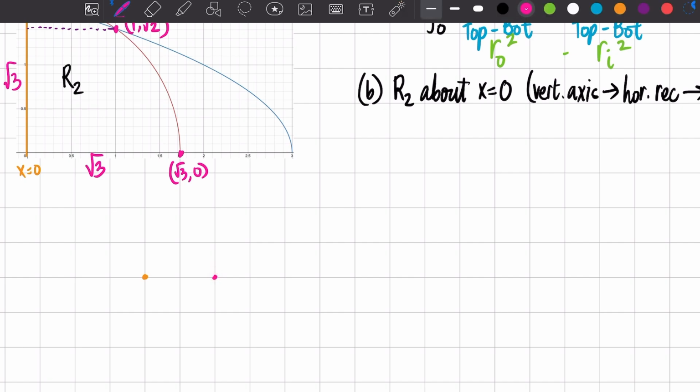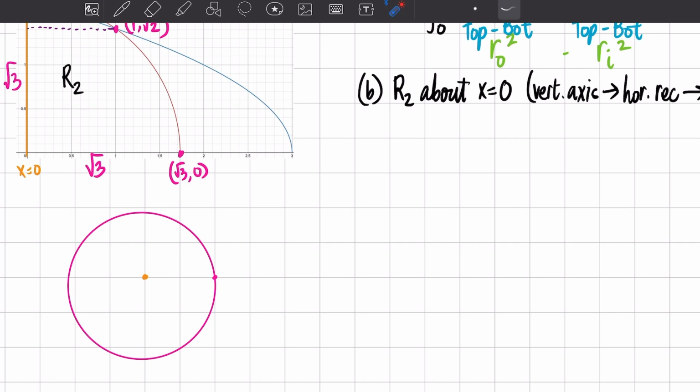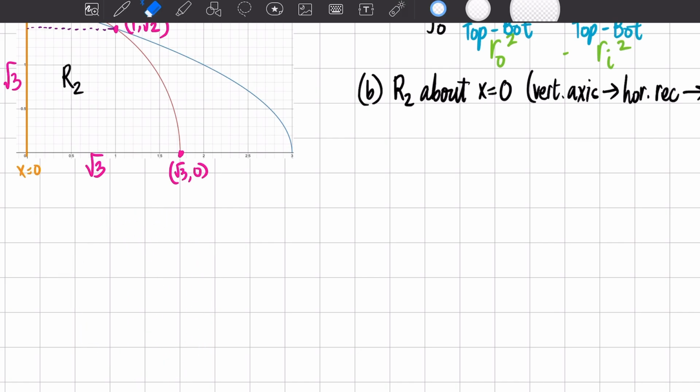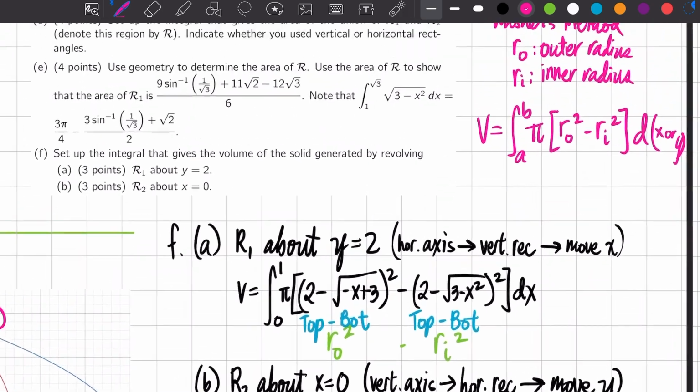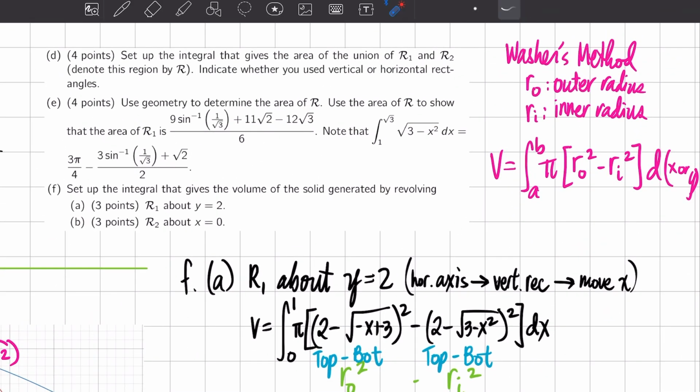So if you revolve this only boundary with respect to the other boundary, which is an axis, what you only have is a single circle. So that means there's no outer radius, there's no inner radius, you only have one radius. And since you only have one radius, we can think of it already as the outer radius. So we just remove this one, you just have pi times the radius squared.